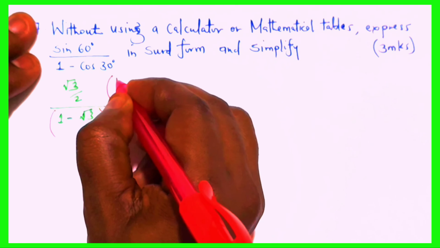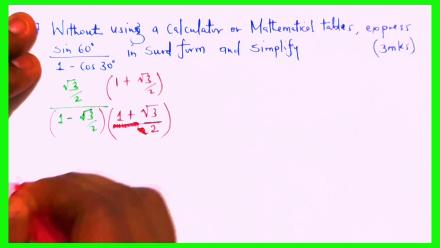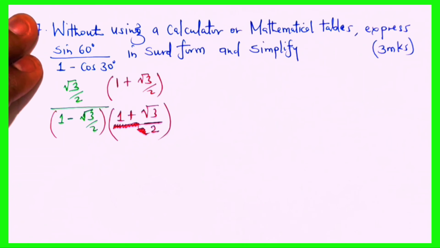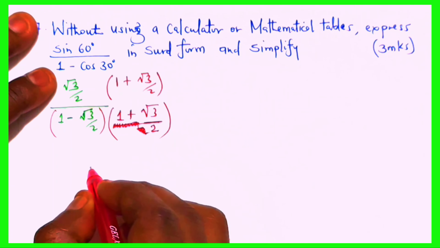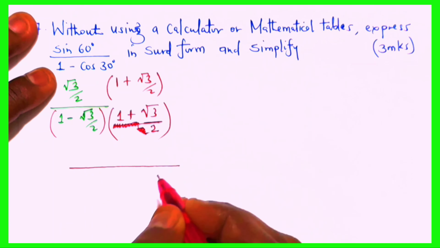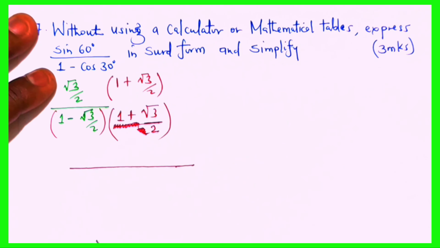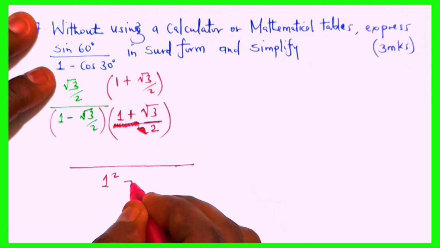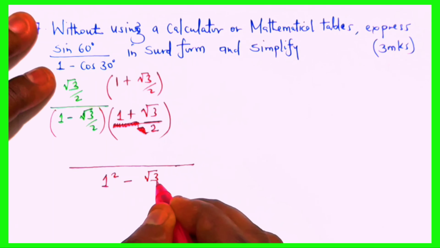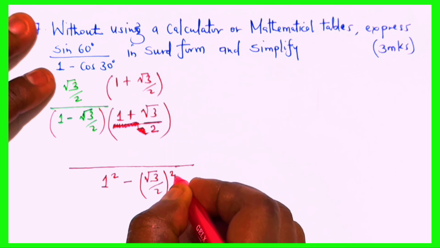We multiply by 1 plus root 3 over 2. And therefore on the denominator side here, it will lead us to difference of two squares. So you're going to have 1 squared to subtract root 3 over 2 squared.